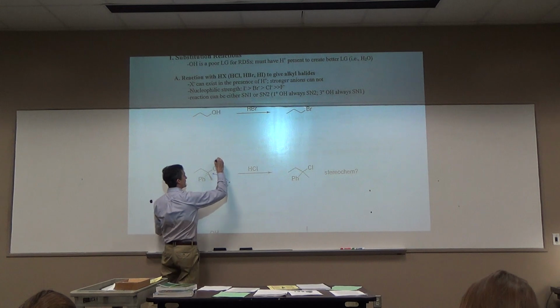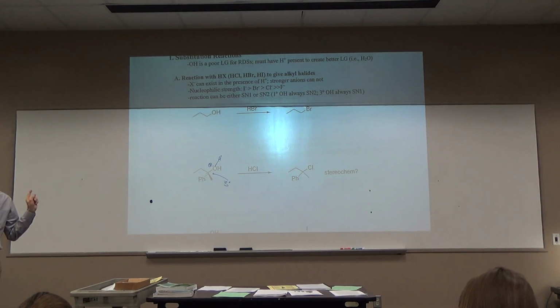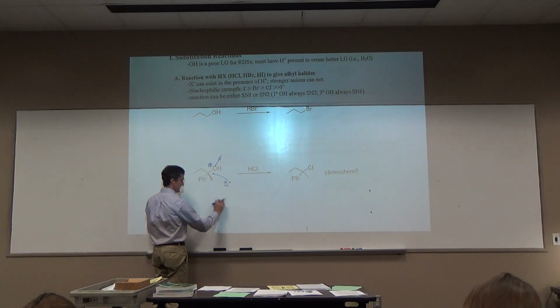What do we do first in this mechanism? Protonate it. Can I just protonate it without having to take time? You can't do that on the quiz or test, but I can do it now. Everybody know how to protonate an alcohol? We did it just above. I'm not going to repeat it. Again, on the test, you would need to show that full step. All right. After we protonate it, what's the next step?